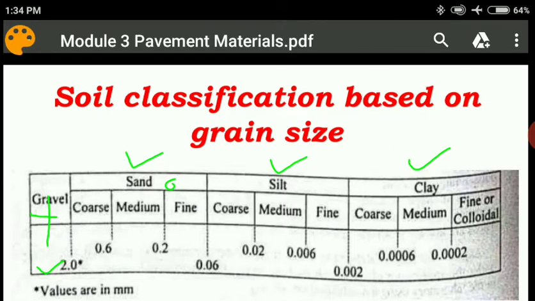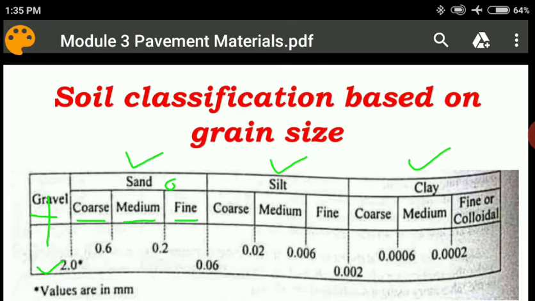And again sand is classified in three categories, that is coarse sand, medium sand, and fine sand. Coarse sand is the particles passing through 2 mm ISE and retained on 0.06 mm ISE.